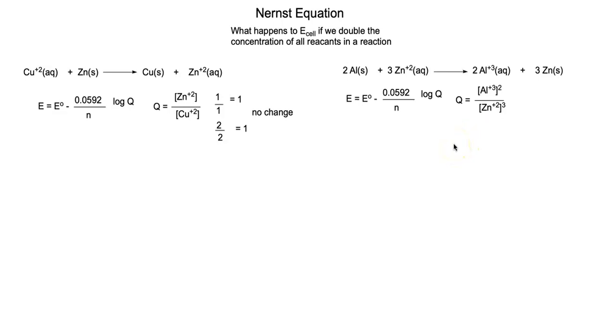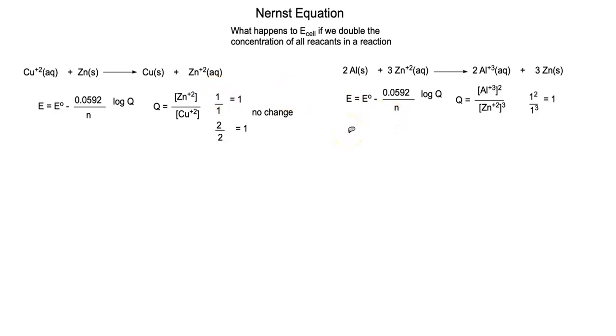So again, we're trying to see what happens if we double everything. So let's fill in simple numbers. Again, we'll start with 1. So if we make all of our concentrations 1, what we get is 1 squared over 1 cubed, which is equal to 1. So no change from what we had when we had the first reaction. The Q is equal to 1.